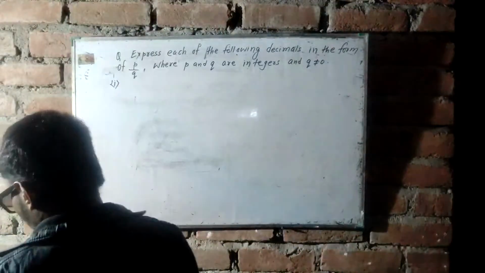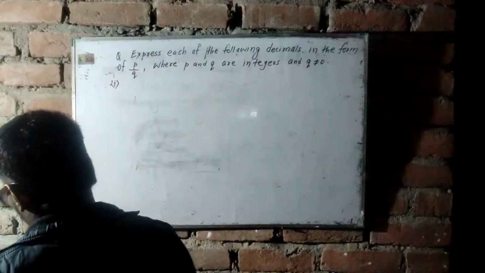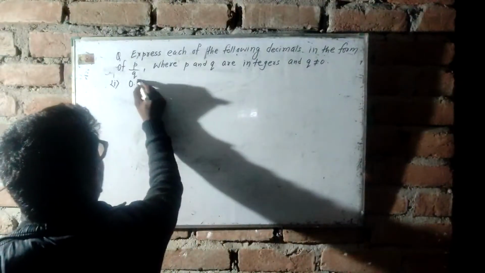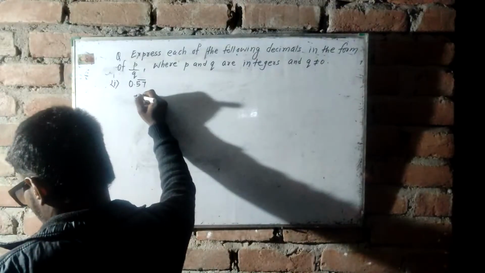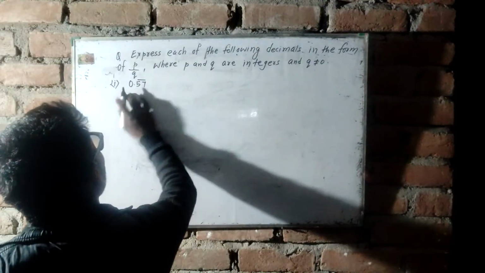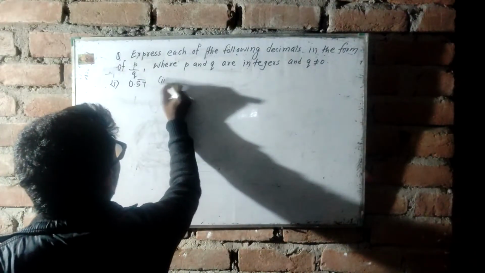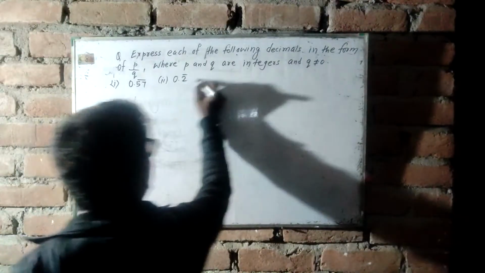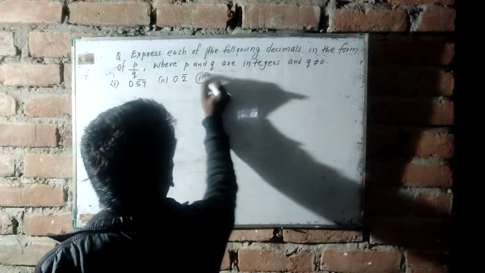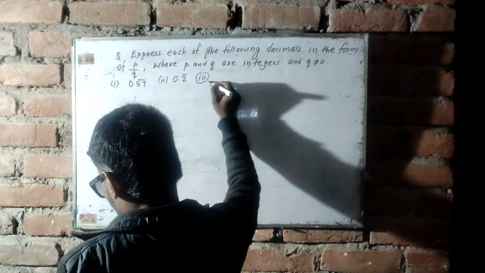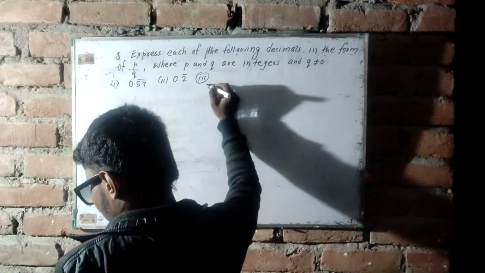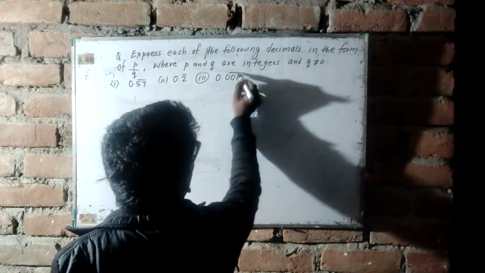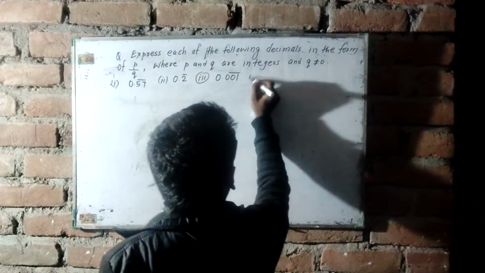First, 0.57 repeating. Second, 0.2 repeating. Third, 0.001 repeating.